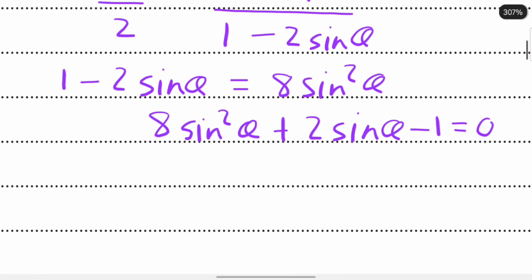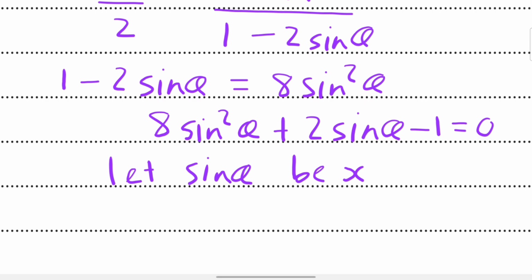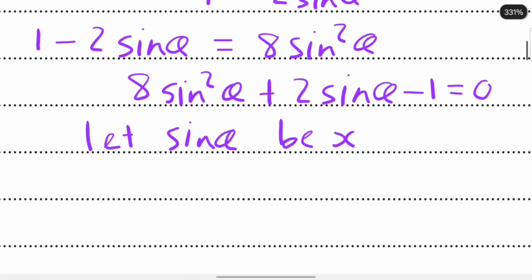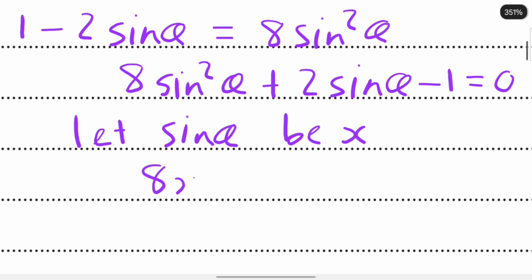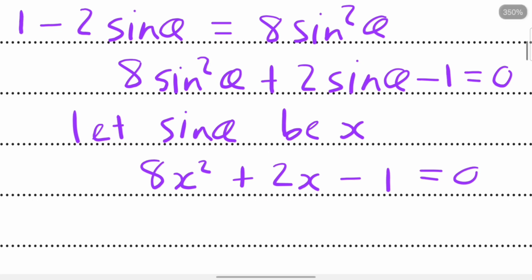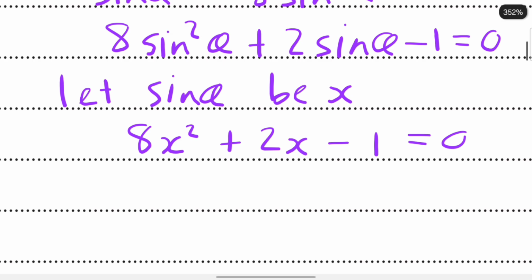And with this, I'm going to say let sine theta be x to turn this into a quadratic expression, and this will be 8x squared plus 2x minus 1 is equals to 0. And now that we have a quadratic equation, we can use the quadratic formula, right?